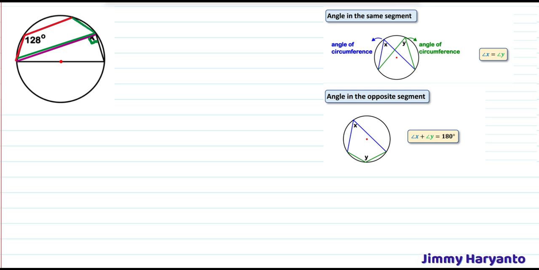So to find this angle, it will be 180 minus 128 equals 52 degrees. If that one is 52 degrees and this one is 90 degrees, that means x equals 90 plus 52, so x equals 142 degrees. This is the answer.